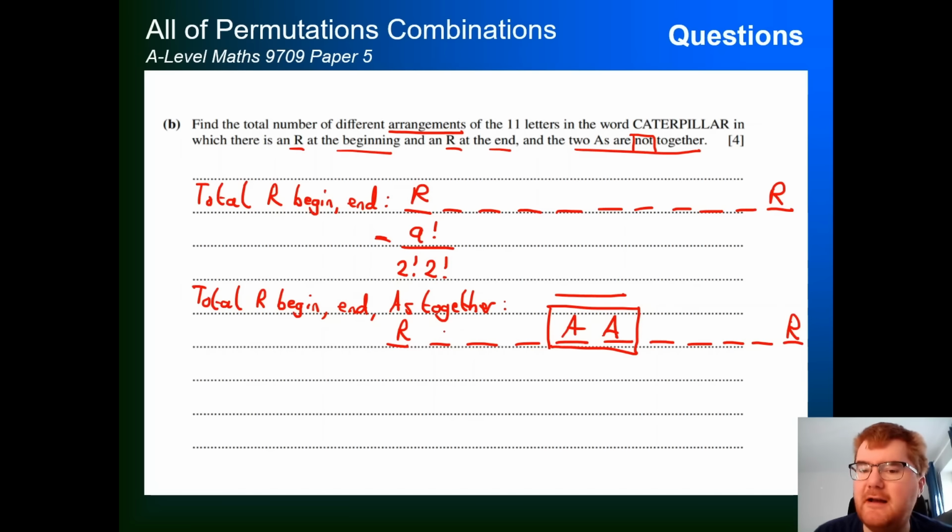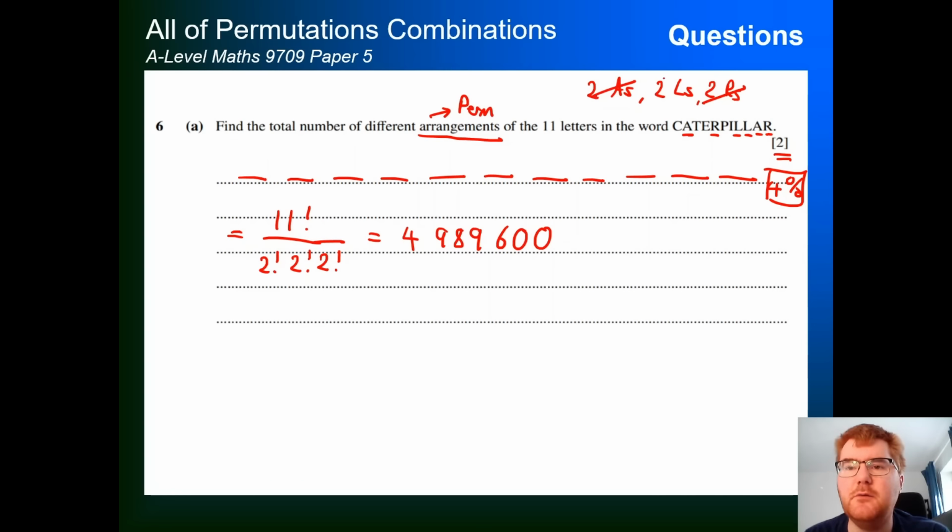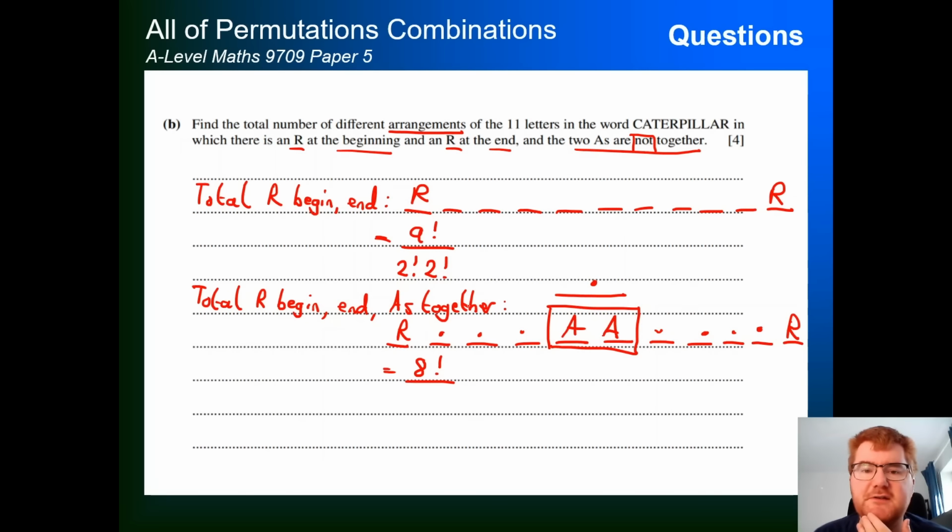So how many slots do we have now? This is going to become then 8 factorial. And we've dealt with the R's, we've dealt with the A's, so we're only left with L's as repetitions. So we have 8 factorial, and then we have 2 factorial at the bottom.